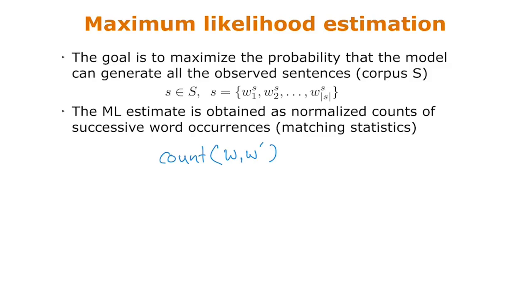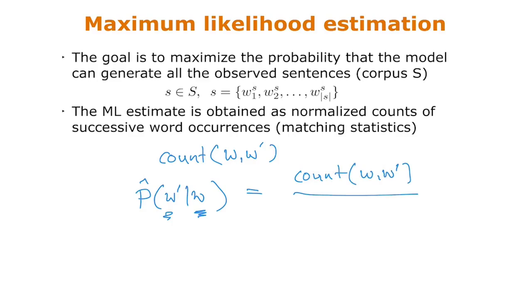The maximum likelihood estimate of each row in the probability table is simply a normalized version of these counts. So the row corresponding to word W, where W prime here varies, is simply the corresponding count normalized such that across different choices of W prime, the entries in the table sum to 1. So we sum over possible values of the word that can come after W.